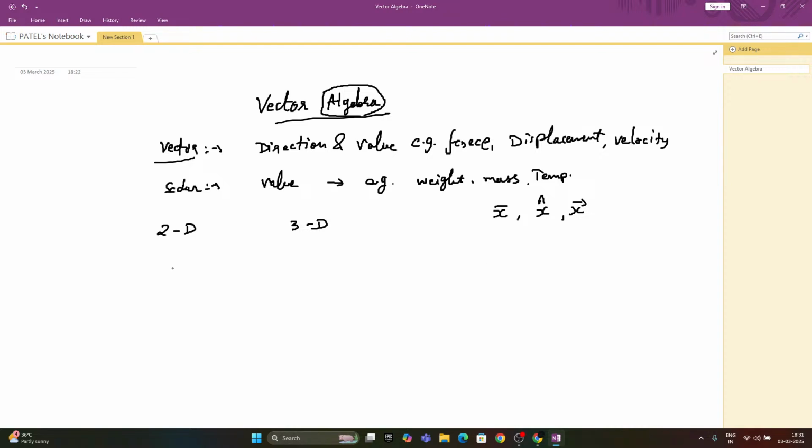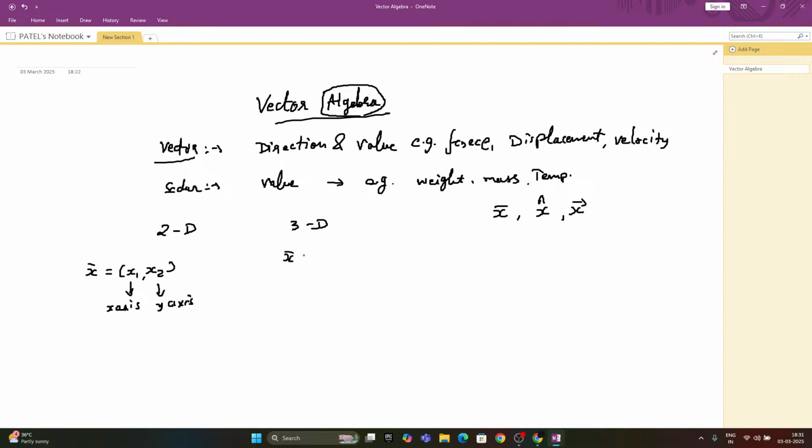For two dimension, x bar has the form x1, x2, where x1 is from the x-axis and x2 is from the y-axis.